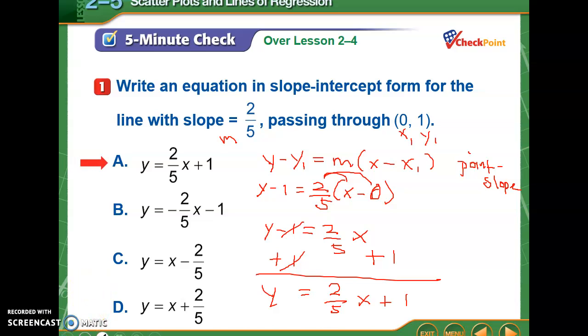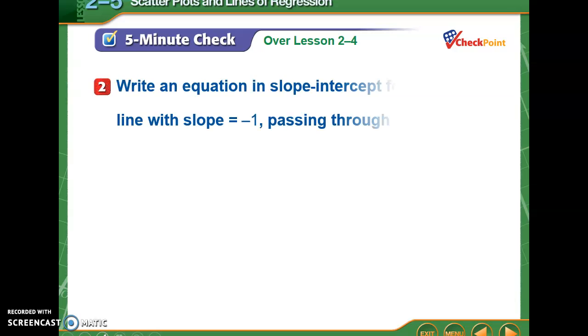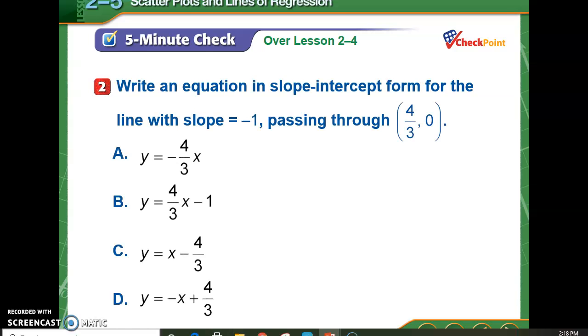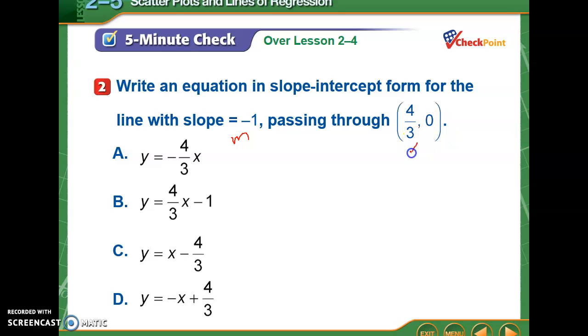Alright, next problem. Write an equation in slope-intercept form for the line with slope -1, so this is our m, passing through (4/3, 0). This will be our x1 and y sub 1. Okay, so follow the same formula, the same as number 1. Alright, try that one, guys.